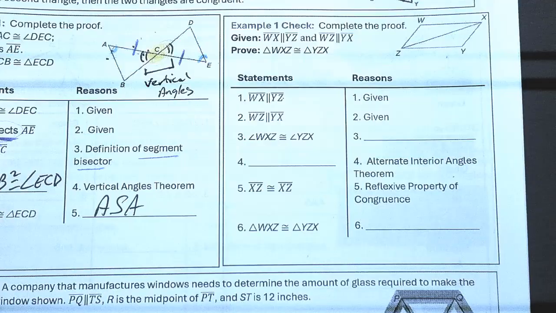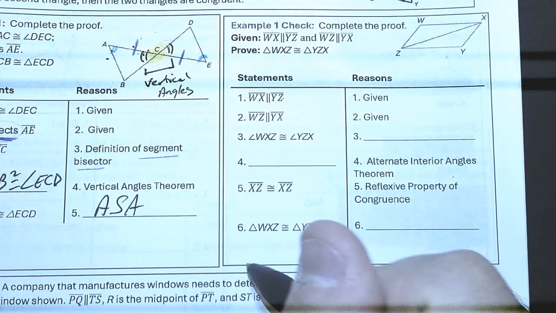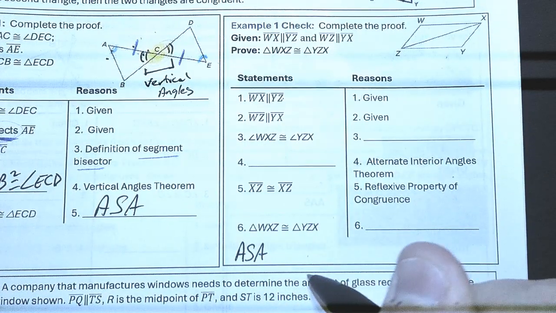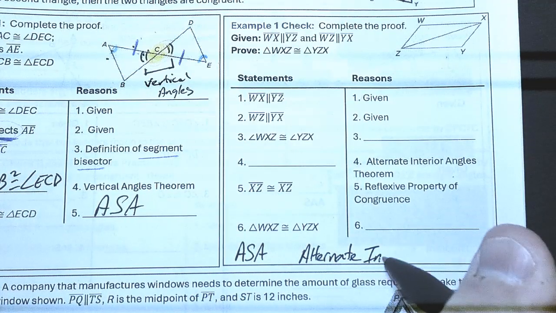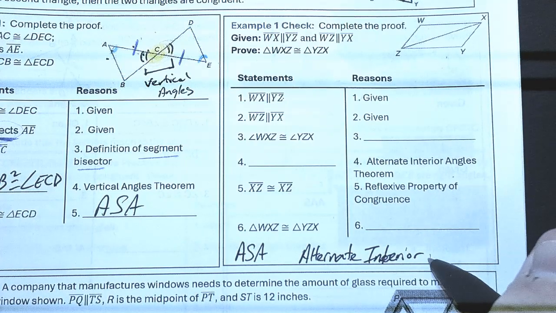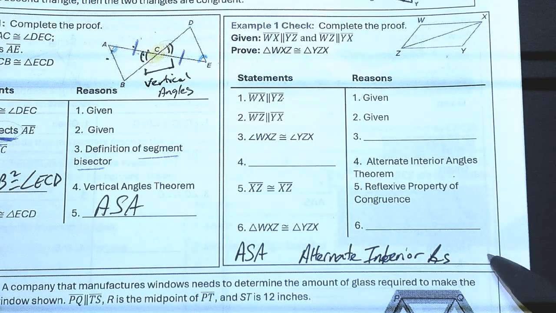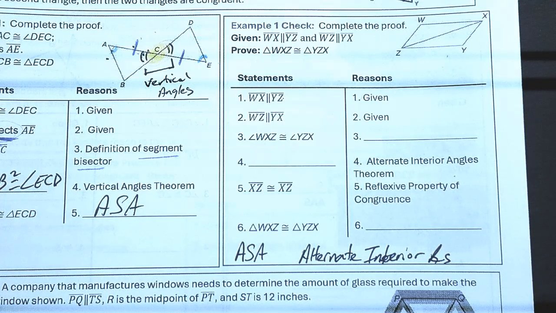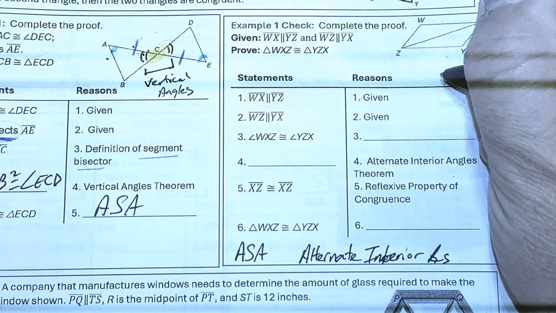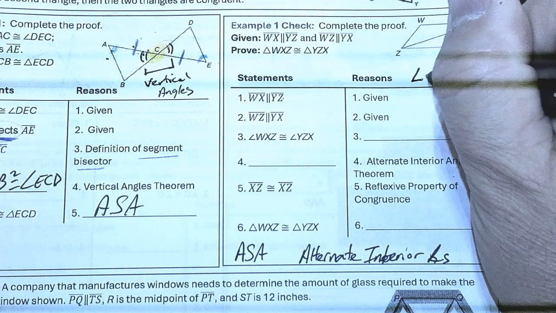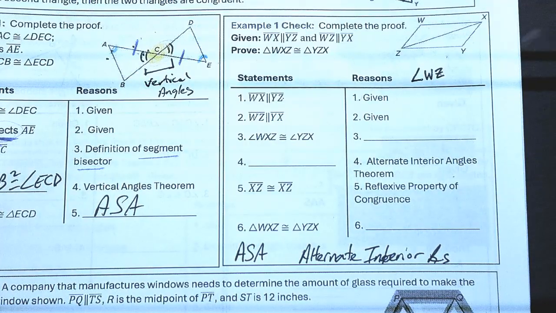We're going to say we have ASA, alternate interior angles, and then our other one, I ran out of space, your other word is angle WZX is congruent to YZX.